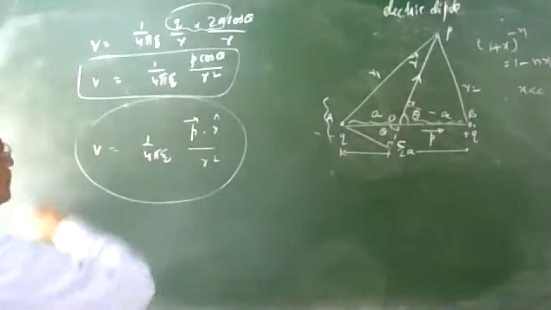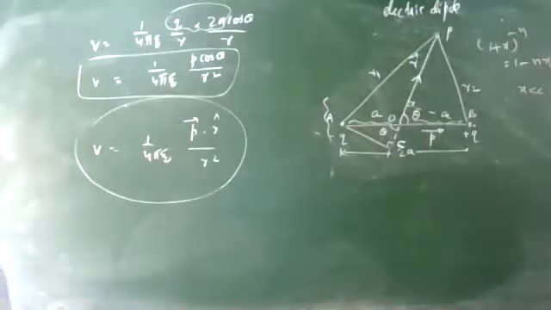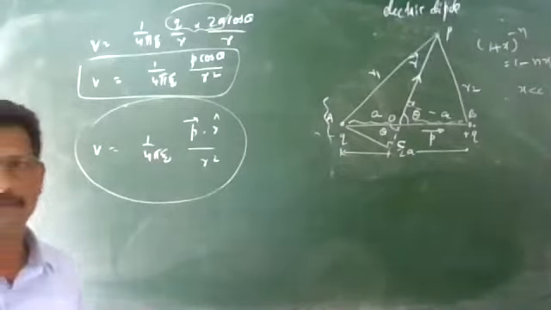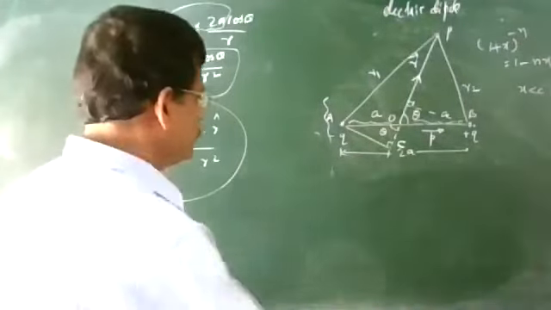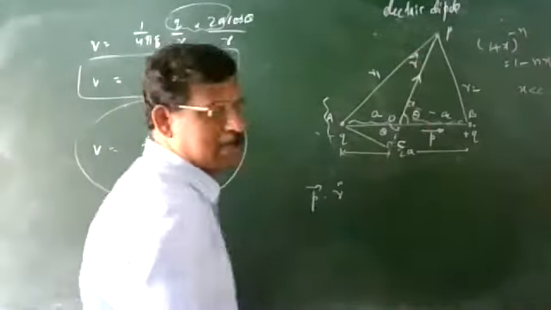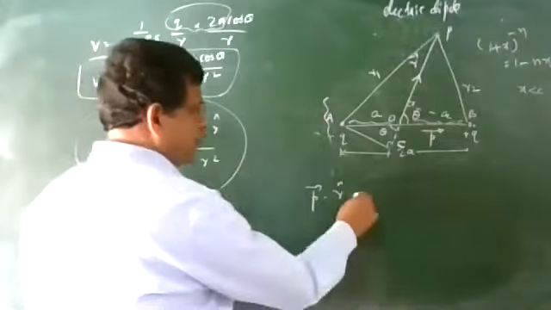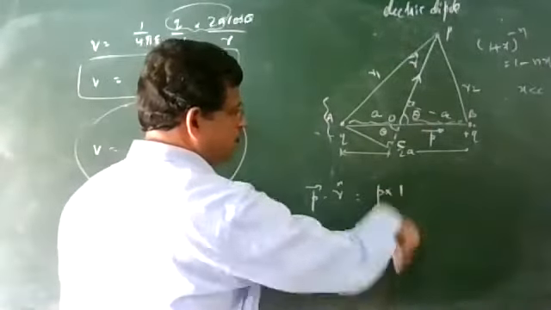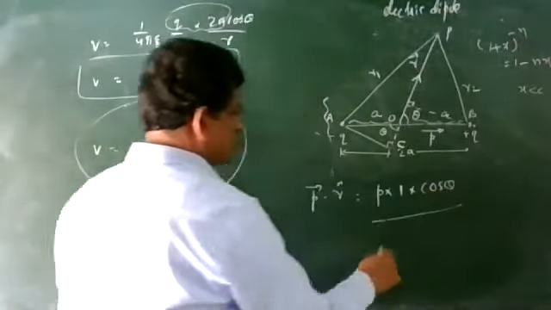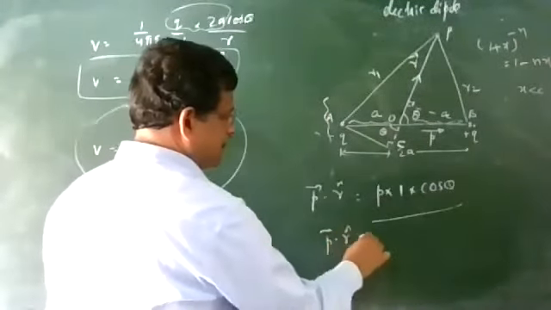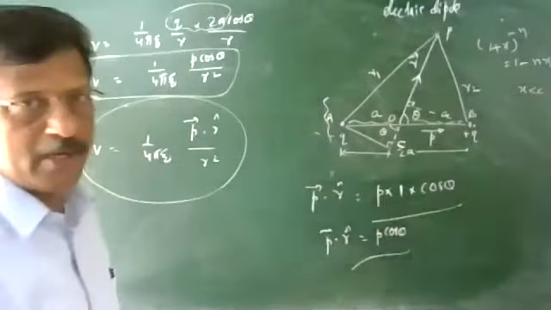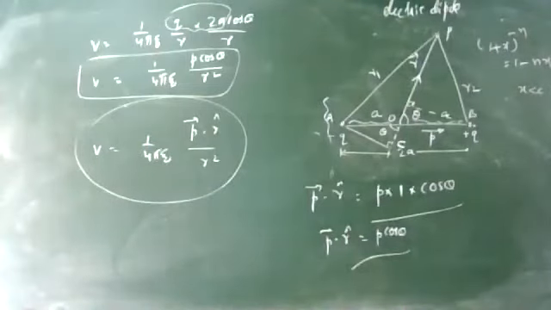Can you write like this? A dot b is ab cos theta. So p vector dot r cap, where r cap is a unit vector in the direction of r vector, has magnitude 1 and angle theta, so p vector dot r cap means p cos theta. Instead of writing p cos theta, we can write p vector dot r cap divided by r square.